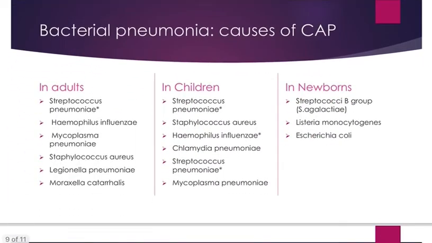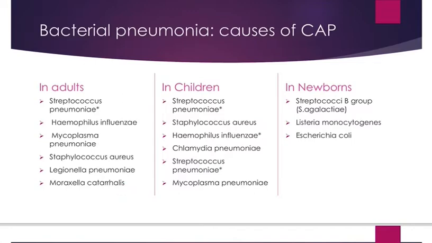Bacterial pneumonia, the cause of community-acquired pneumonia in adults, is by Streptococcus pneumoniae, Haemophilus influenzae, Mycoplasma pneumoniae, Staphylococcus aureus, Legionella pneumophila, and Moraxella catarrhalis.